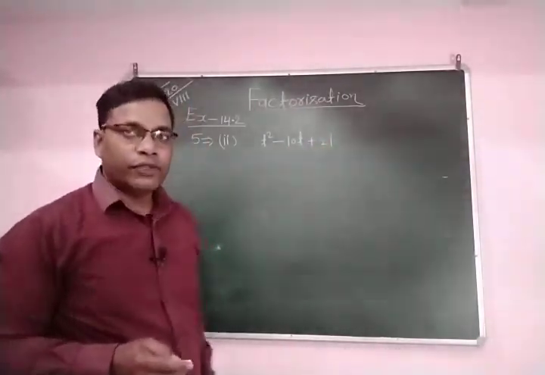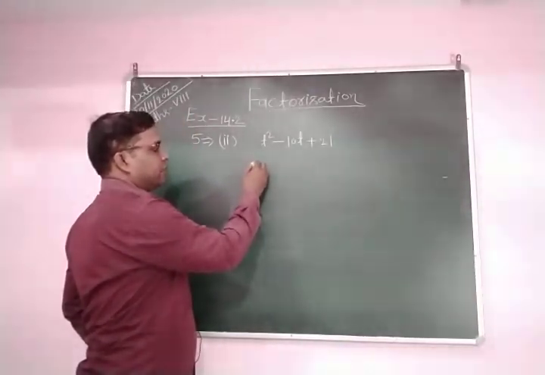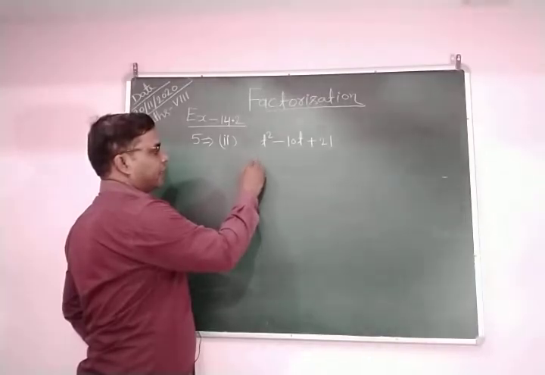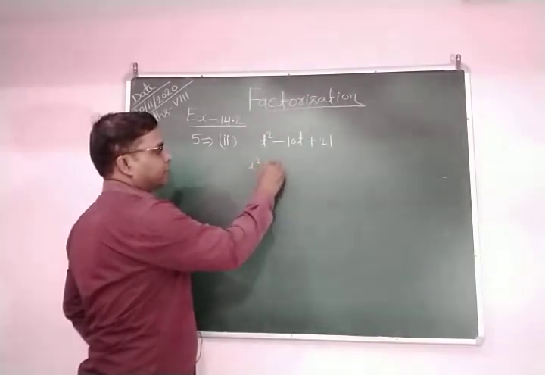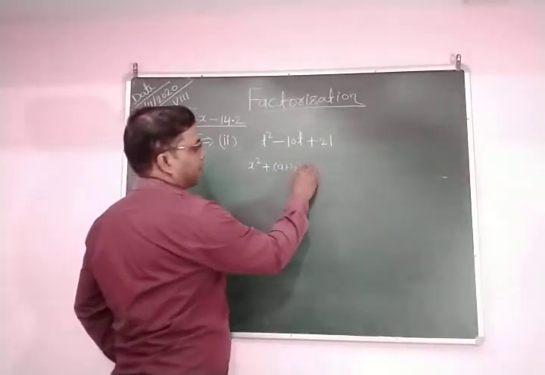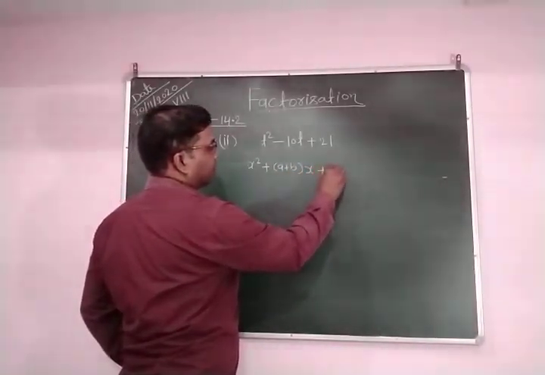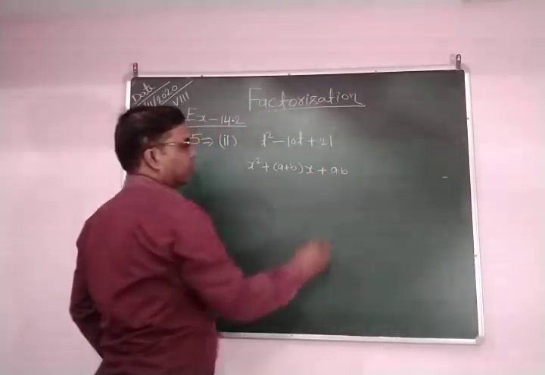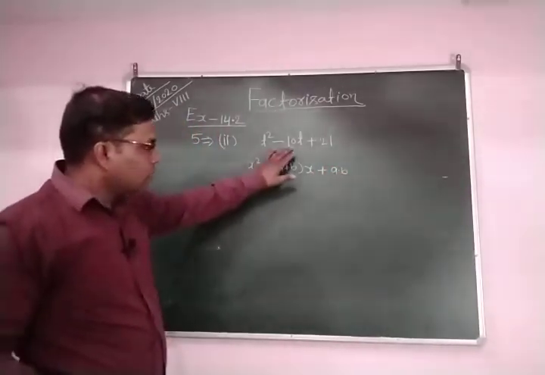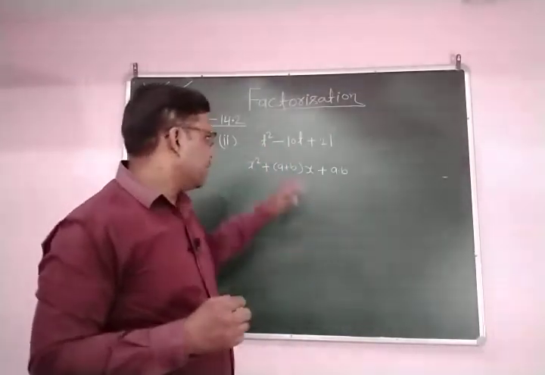So we use the fourth identity. What is the fourth identity? The fourth identity is x square plus (a plus b) x plus a into b. So how can we break this 10? In which parts do we find the factors?